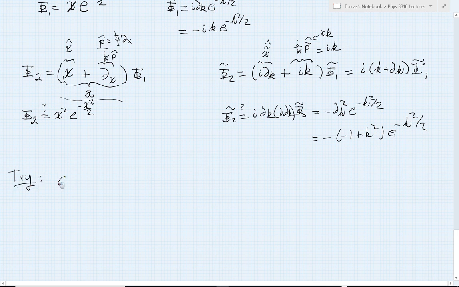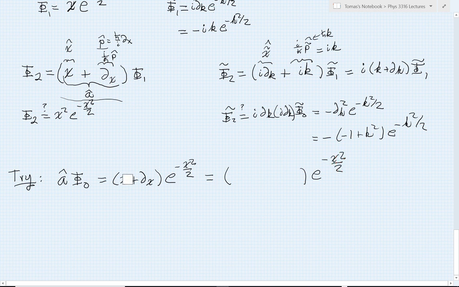And we will apply A hat on our ground state, phi naught, which in the simplest representation equals x plus d by dx applied to my Gaussian, e to the minus x squared over 2. As we apply this, we will stay organized and keep factoring out that common factor of the Gaussian.